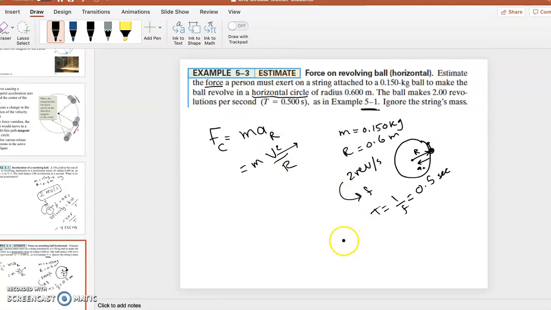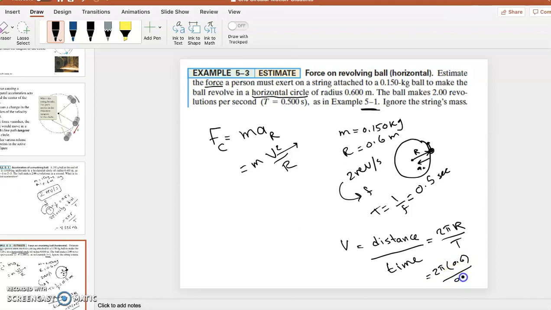But even if example 5.1 was not there, we know that it is distance over time. I don't want you guys just to memorize things. Just go from the beginning and do the work. 2 pi r over T, and this is our r. So it's 2 pi times 0.6 divided by half, and the velocity from the previous example was about 7.5 meters per second.